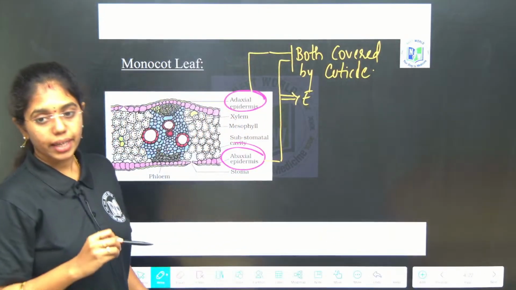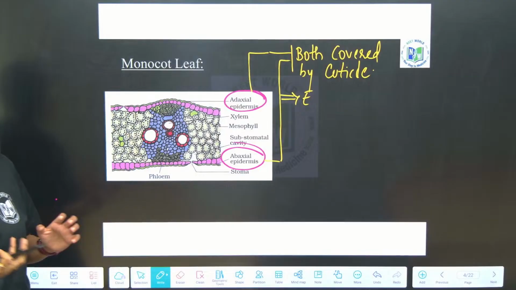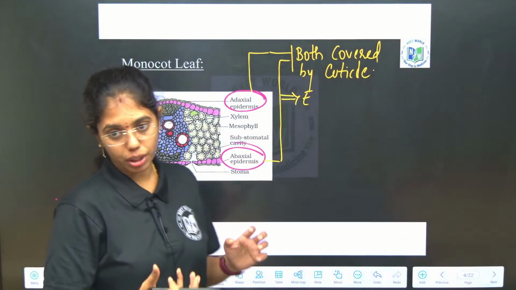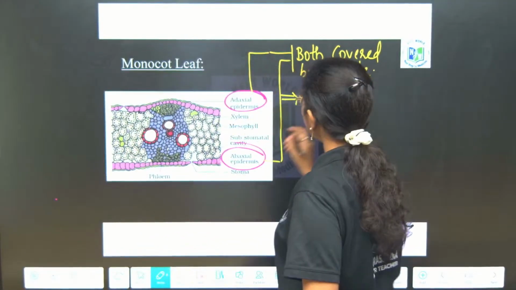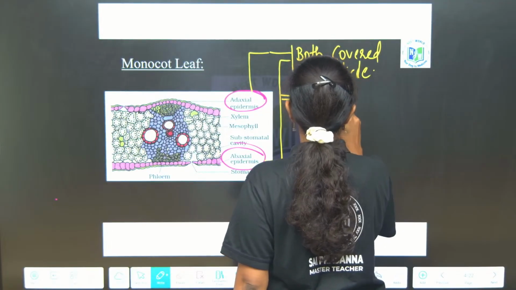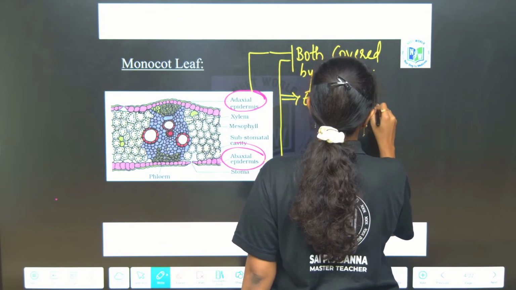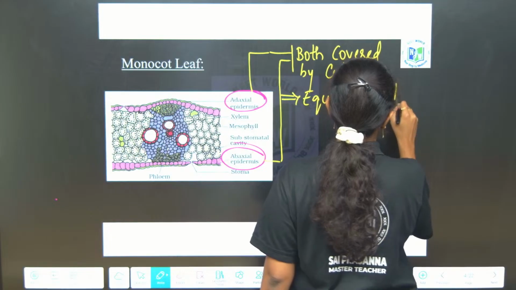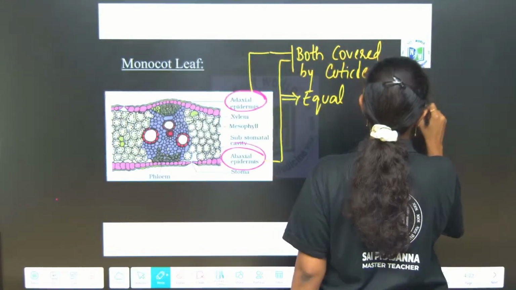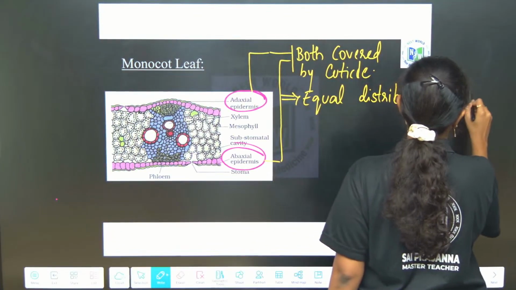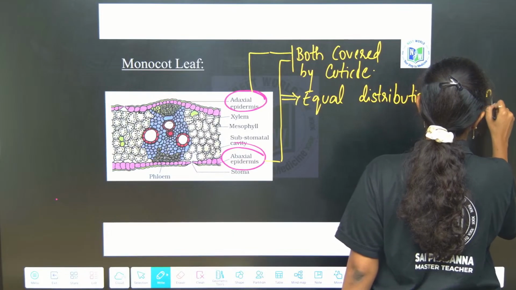Unlike dicot leaf, where more stomatal distribution is on the lower surface of the epidermis, here you have equal distribution of stomata.